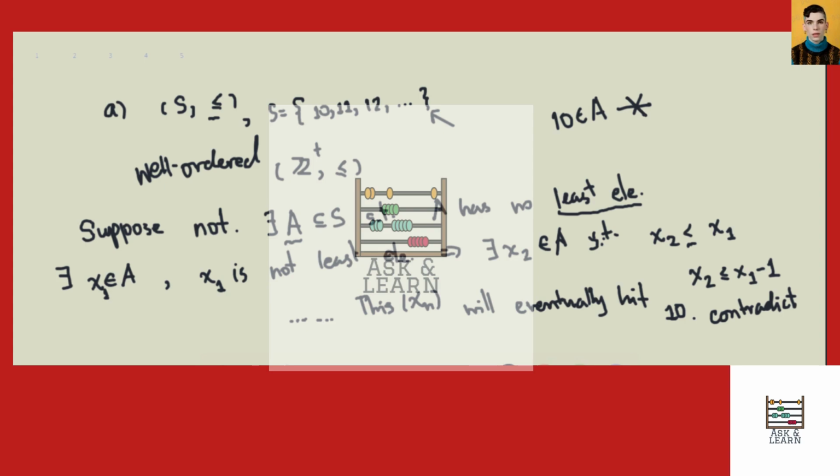So the argument from the start, that we suppose it is not well ordered, is wrong. So it is in fact well ordered. This is a proof by contradiction. Every other case in this question that is well ordered can be proved in this way, so I will skip the others because the video will be too long.